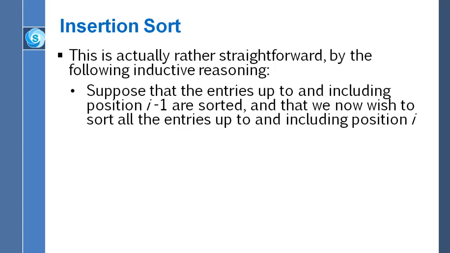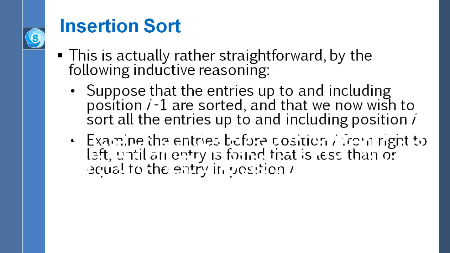We will imagine that we have all of the positions prior to position I sorted already, and we're examining now position I. So there's no telling how position I relates to everything before it, but at least we can assume that everything prior to position I is already sorted.